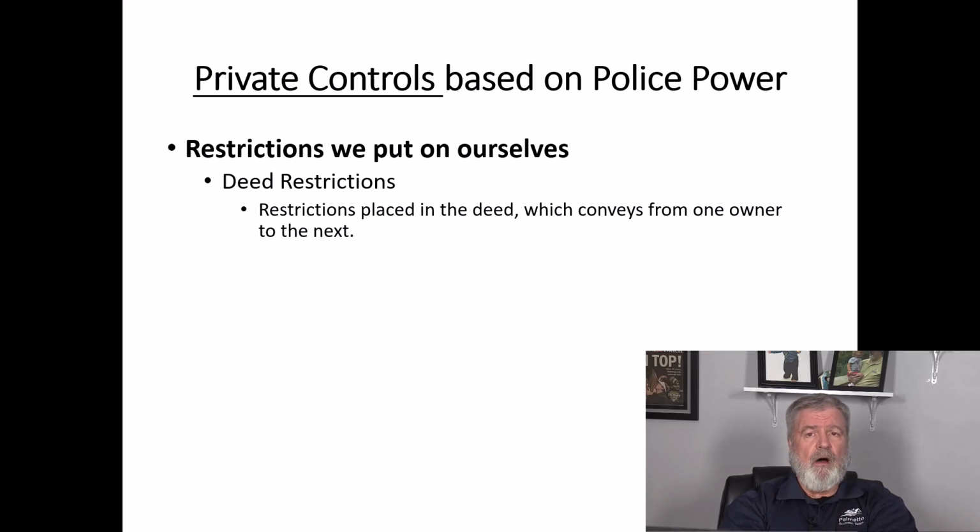Now, if there are deed restrictions, if you recall from the previous chapter, just as a matter of review, what type of estate would that be? So if you own an estate that has deed restrictions, what kind of estate do you own? That's the defeasible fee.